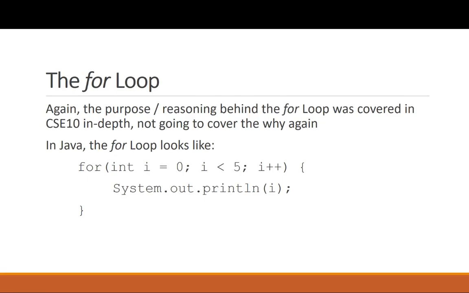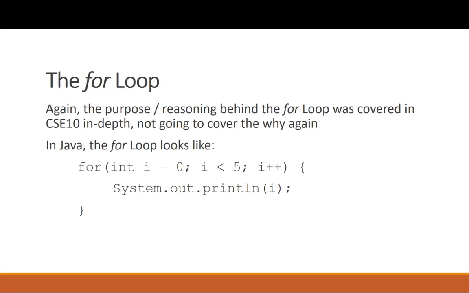We've now set our condition with the second part, i is less than 5. So as long as i is less than 5, this for loop is going to run. And then we iterate, in this case incrementing our variable i each time the loop runs.